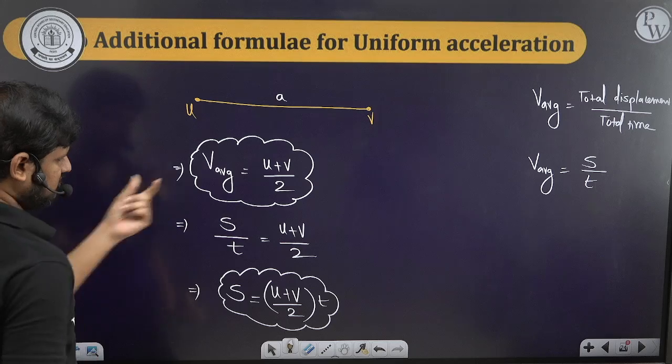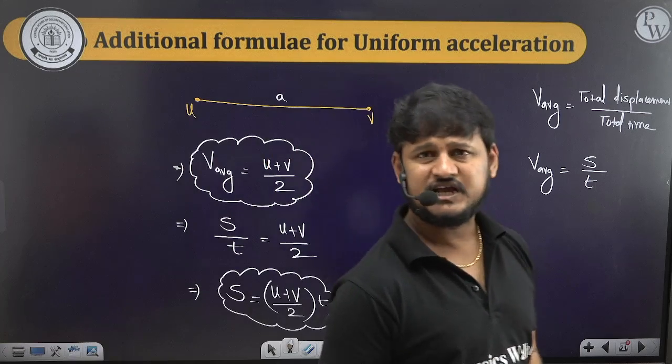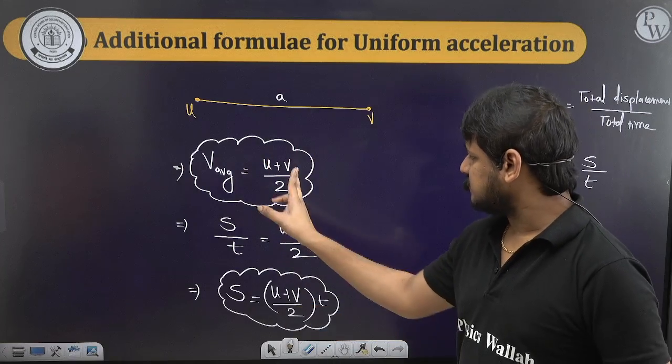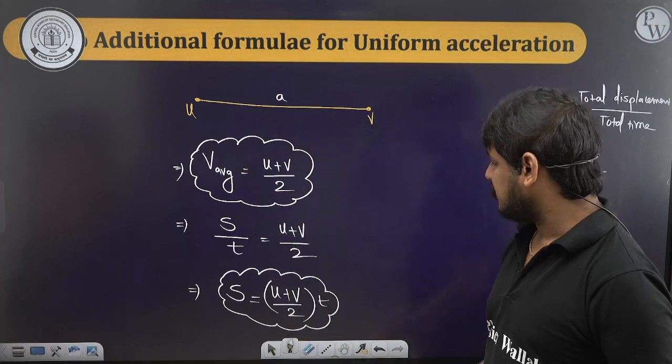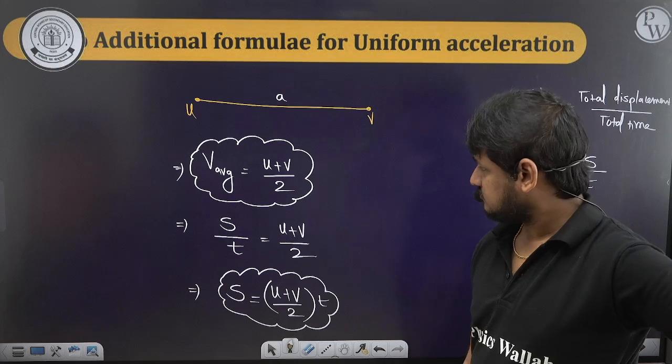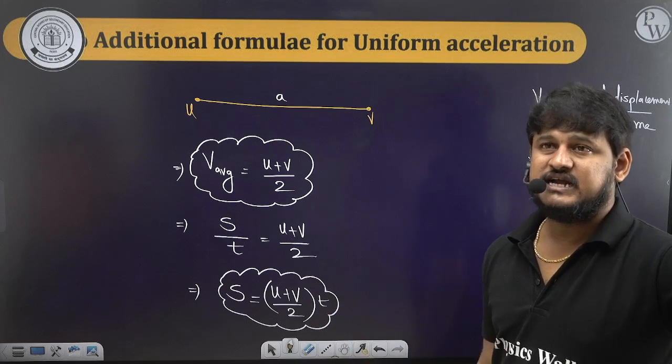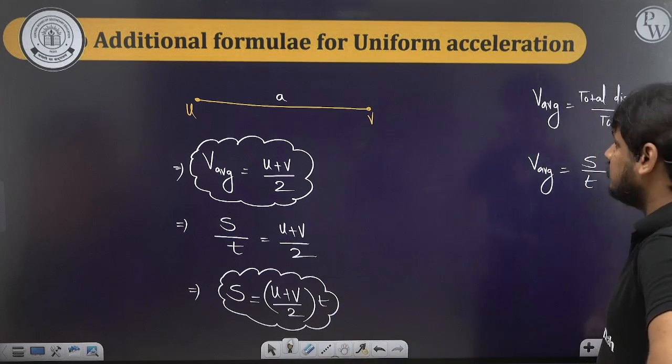These two, this one and this one. Clear? So the V average, and the displacement covered with uniform acceleration. Done? Chalo. So let's move further.